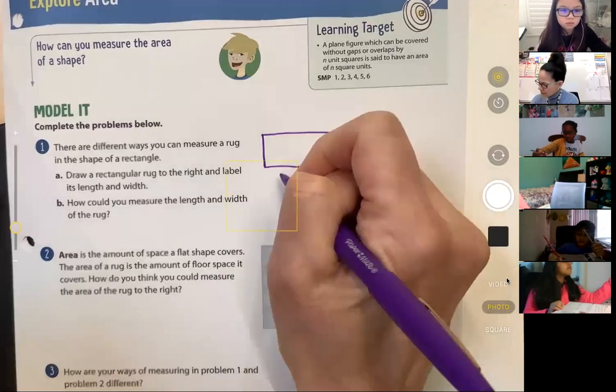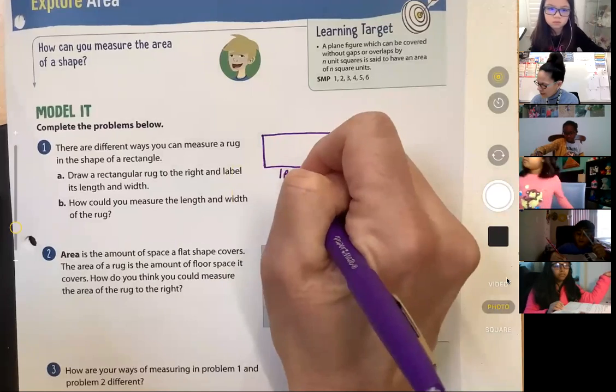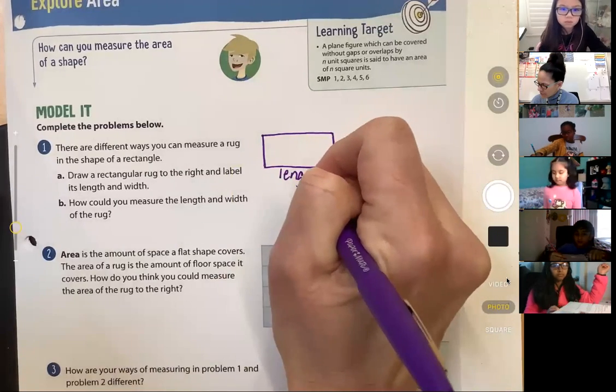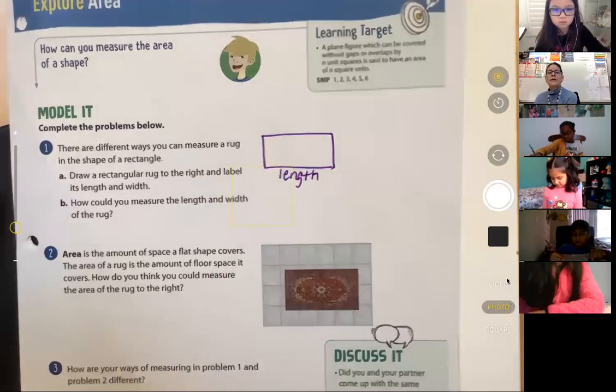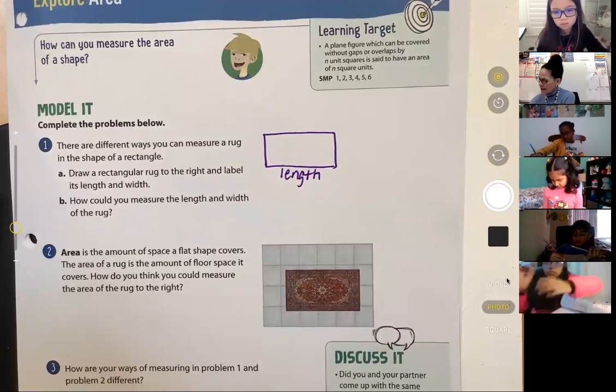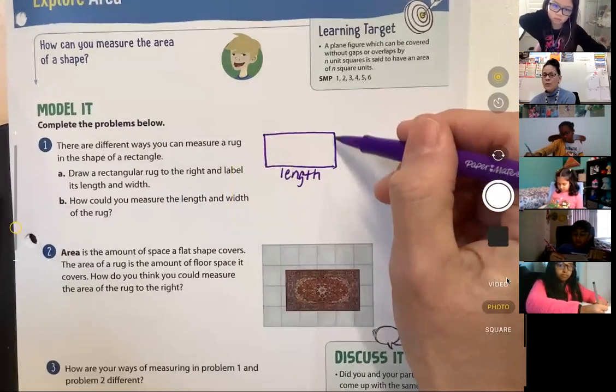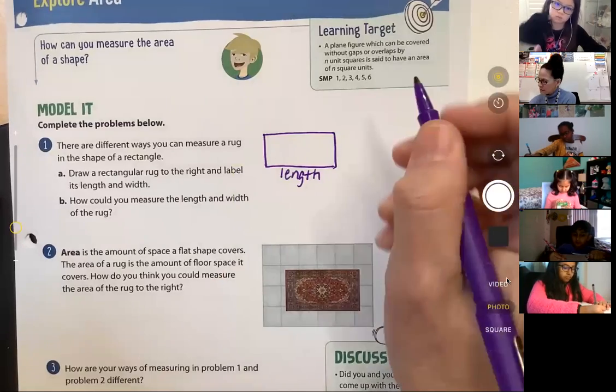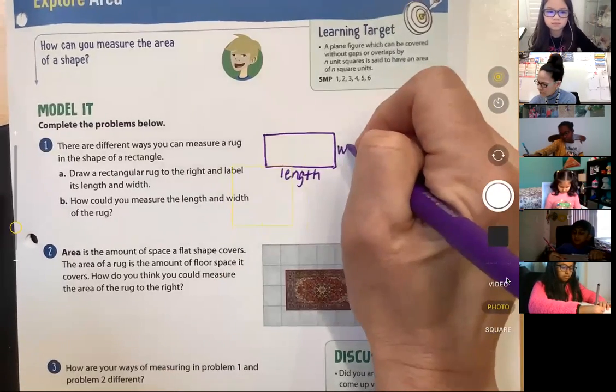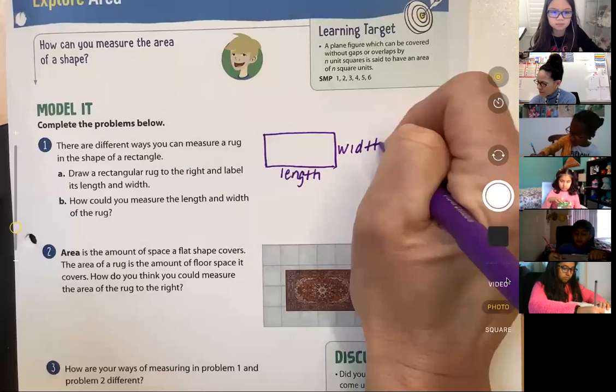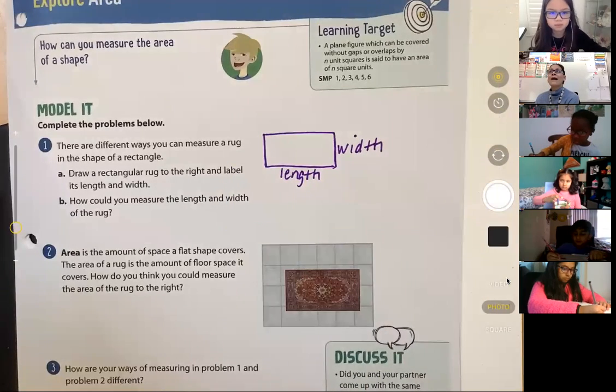So down here, I have what I call the length. It's the length of my rug. And right here, this is what we call the width of the rug.